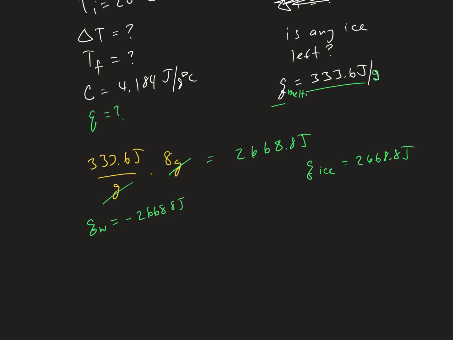All right, so let's find the change in temperature. That'd be easiest to find with Q equals mc delta T. We just solve for delta T by dividing both sides by mc.